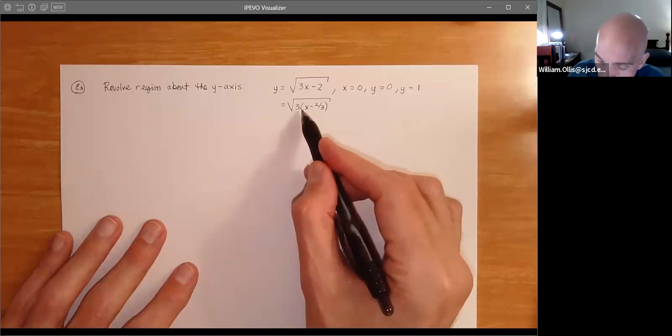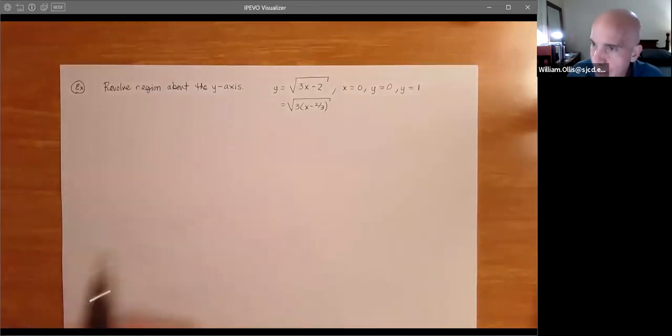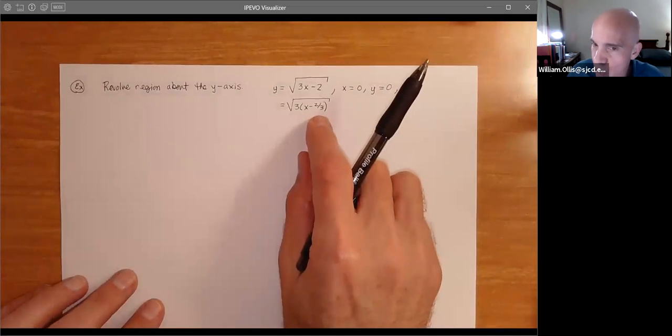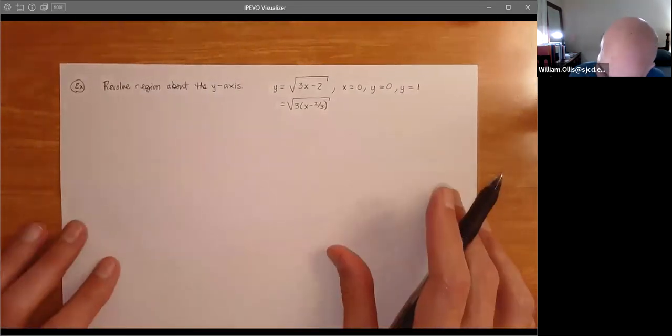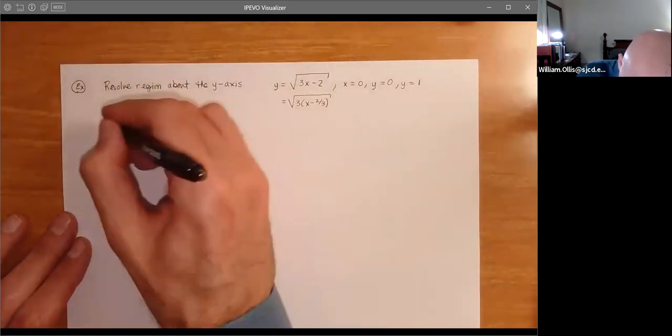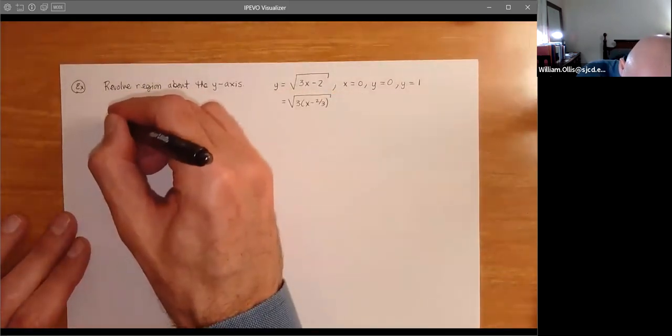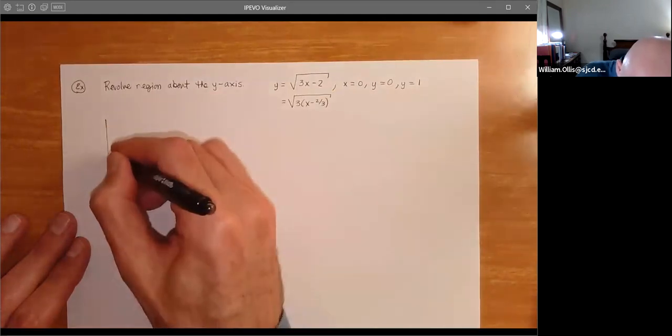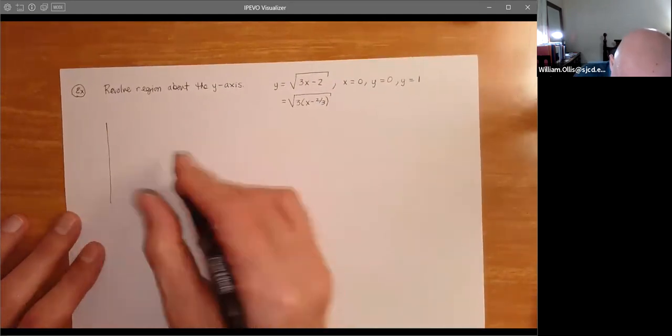And then, of course, we're going to make it a little bit bigger because we're multiplying by the square root of 3, so it's going to be stretched vertically. But that just gives us an idea that this is just a nice square root function. So we can get a picture of this. I thought this was interesting because it's a flashback to your college algebra and pre-cal.